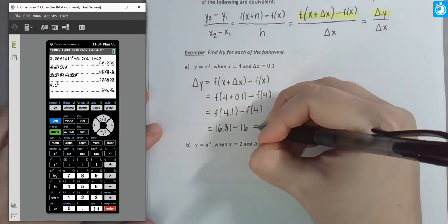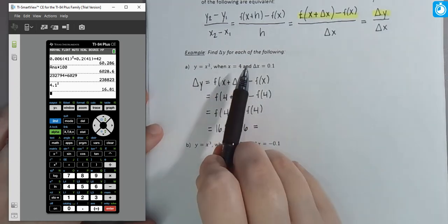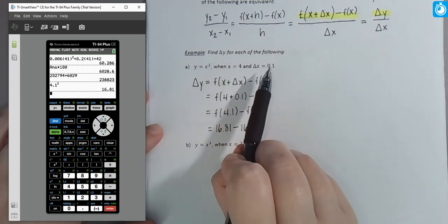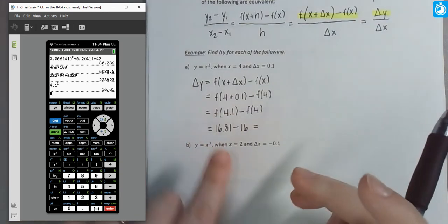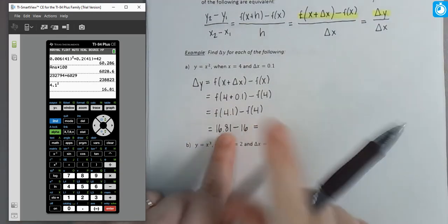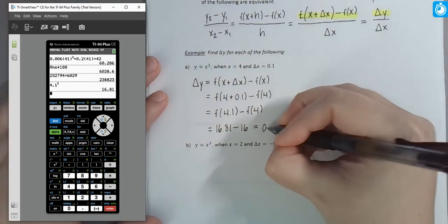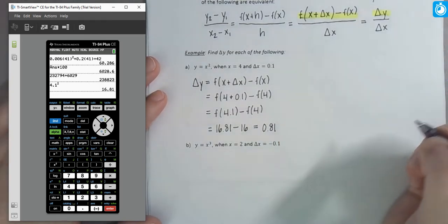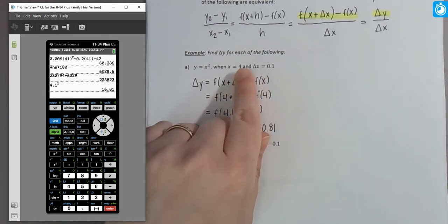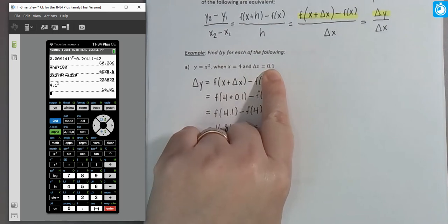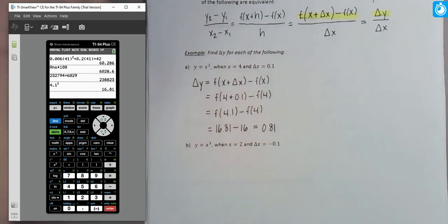So the change in y to go from x equals 4 to 1/10 of a unit higher, which would be 4.1, is going to be 16.81 minus 16, which is 0.81. So that is the change in y as our x changes from 4 to a value that's 1/10 higher than that. That's our change in y.